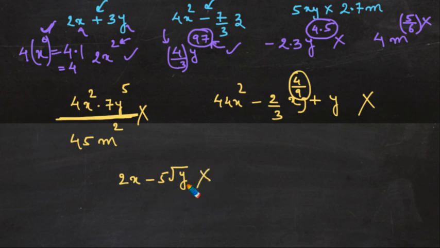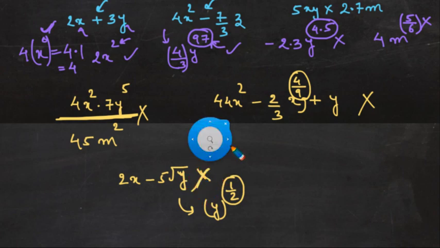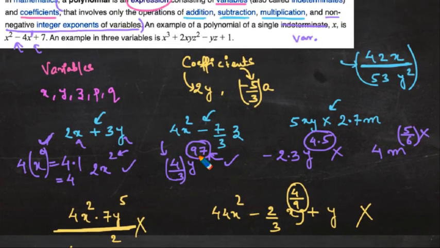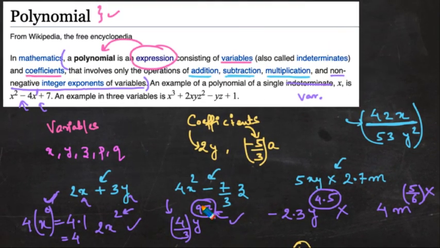This will not be a polynomial because square root of y is basically y to the power 1 by 2, and this power is not an integer. Hence, this will not be a polynomial. So now I think you have a good idea of how to identify which mathematical expression will be a polynomial and which will not.